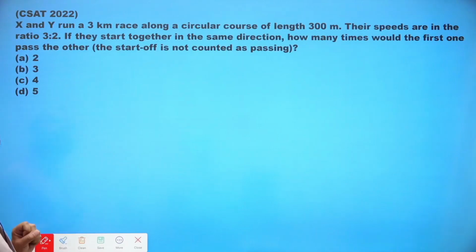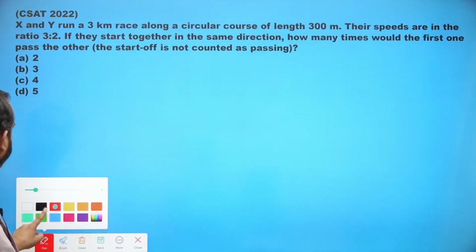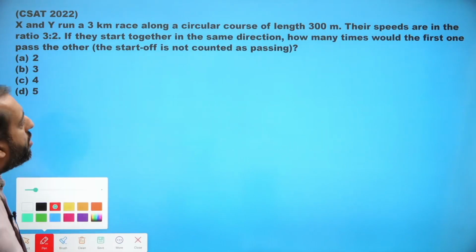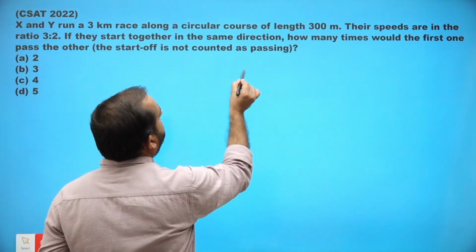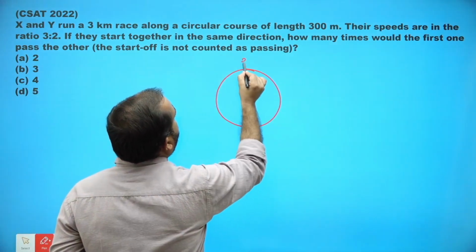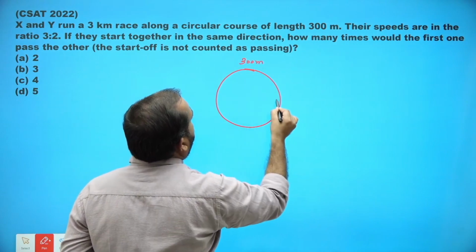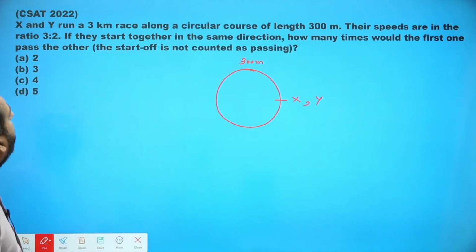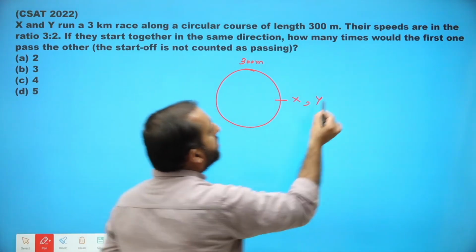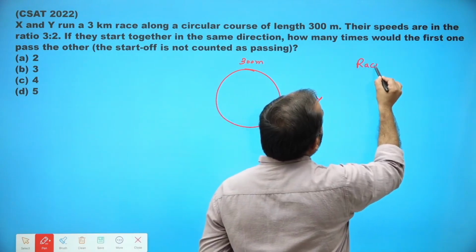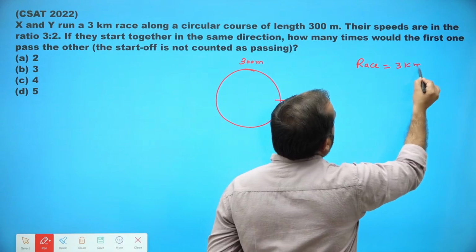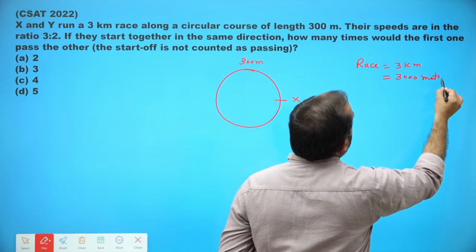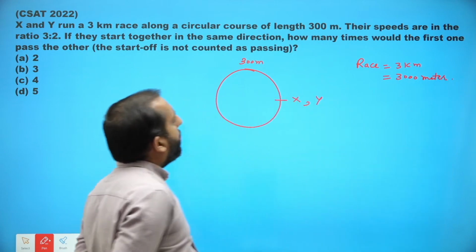The next case is X and Y run a 3-kilometer race along a circular course of 300 meters. So there is a circular course of 300 meter, and X is running, Y is also running, and the total race is of 3 kilometer, that is 3000 meter.